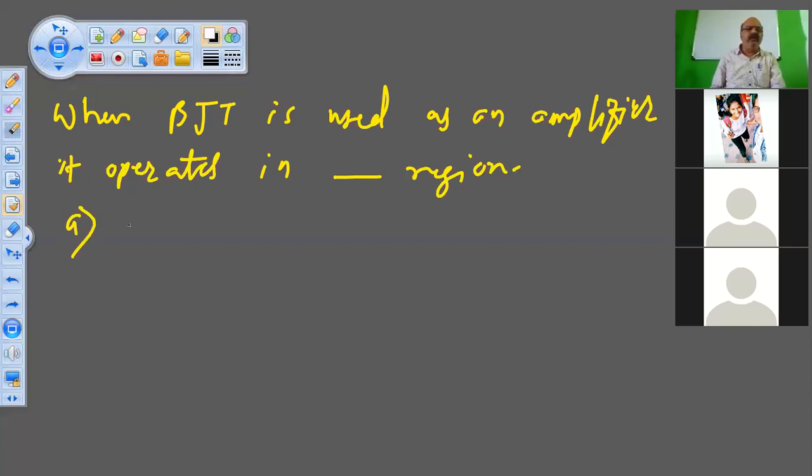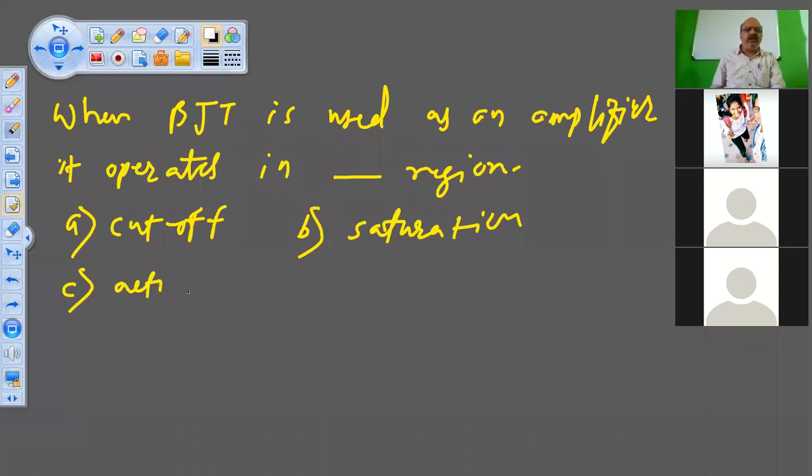A, cutoff region. B, saturation region. C, active region. And D, none of these.